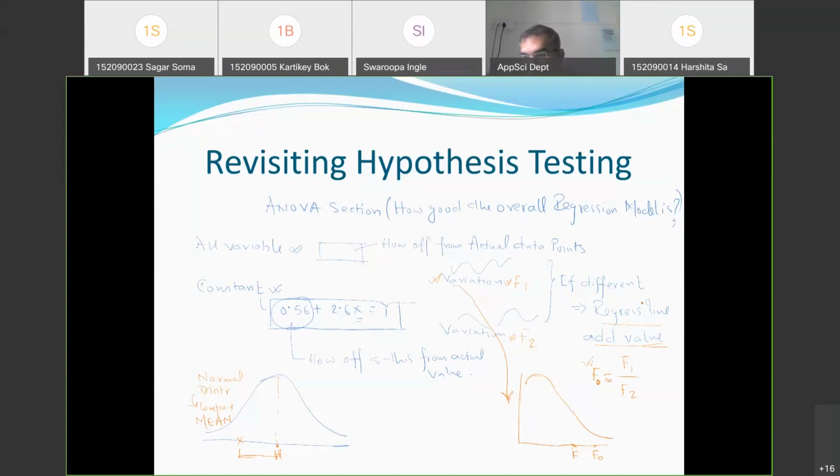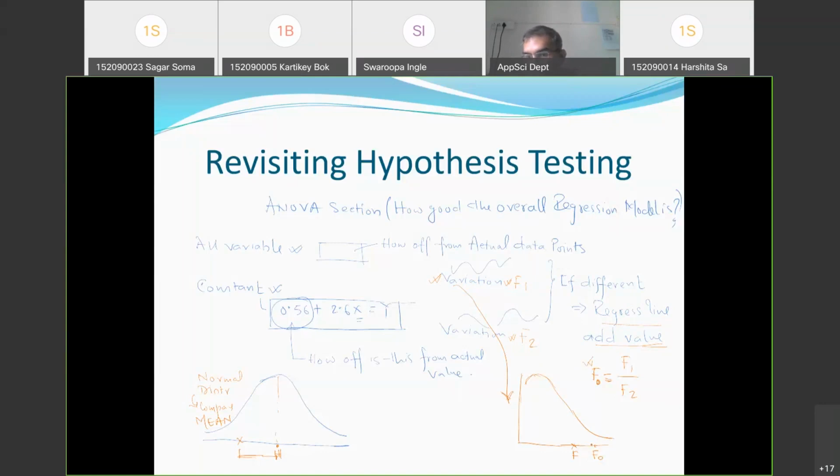Is the basic concept clear? We are doing hypothesis testing like we did with the normal distribution, which compared the means. Now we are comparing the variation. Actually, we are calculating the ratio of this variation. The ratio should be some value which is given in the table based on calculations.